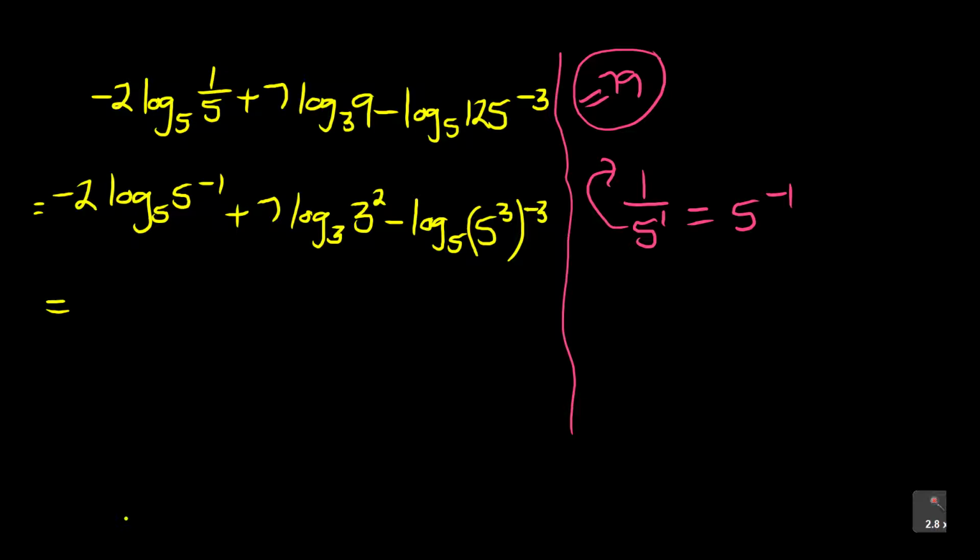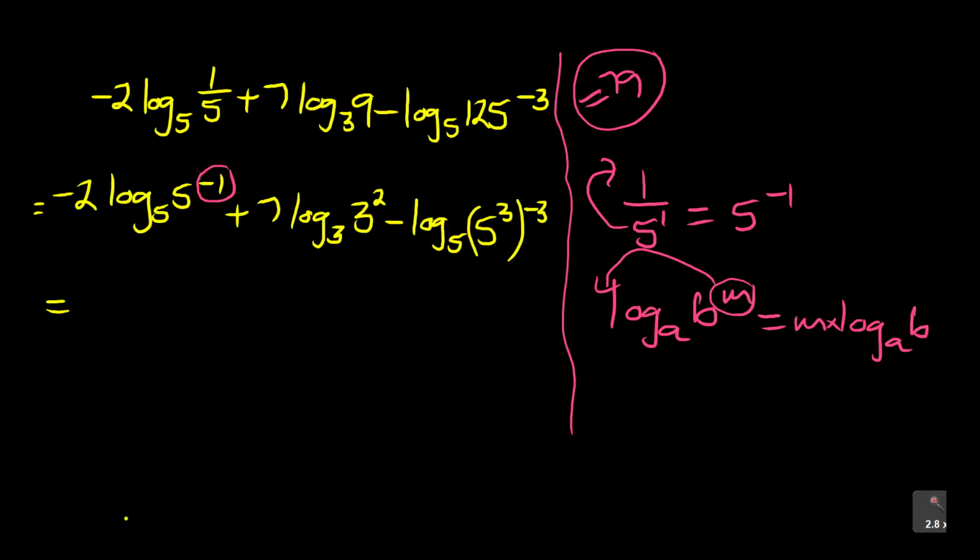Now using this rule or the law, if you're given log in base a of b to the exponent m, you are allowed to say that m drops down, which is m log in base a of b. M will be multiplying. So again here, you can take that, you drop it. You're going to say minus 2 times, then you've got a minus 1 that you dropped.